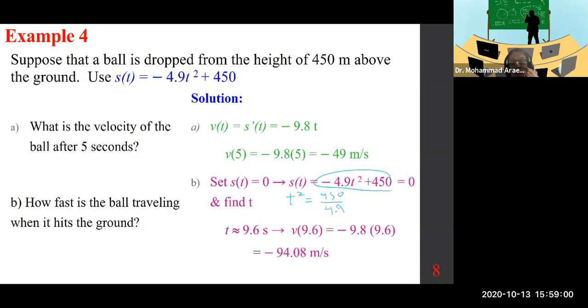And now you take a root, and there are two answers, plus minus. We only accept the positive answer. T is roughly 9.6.